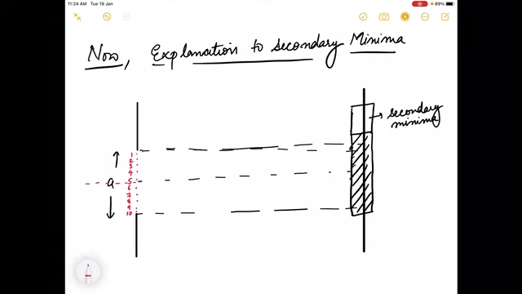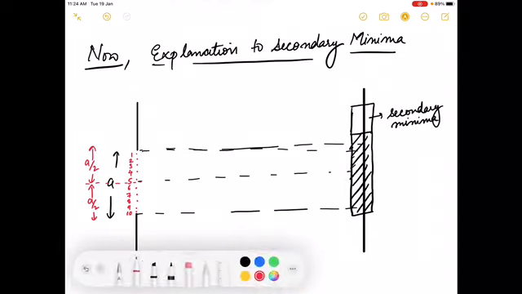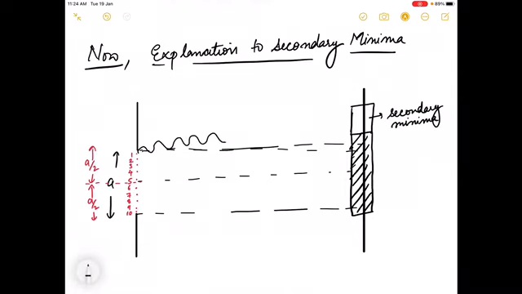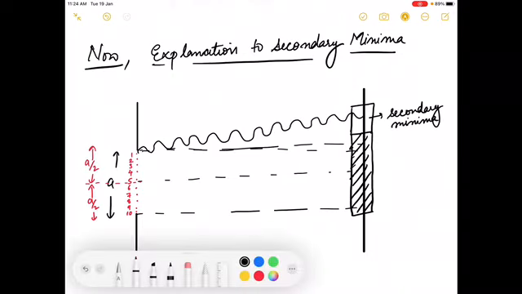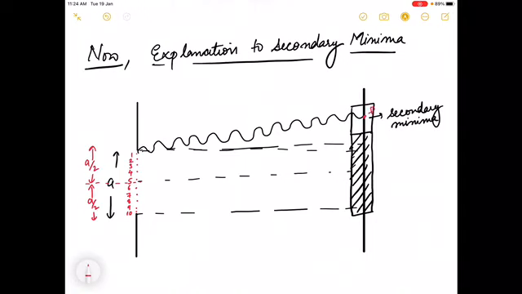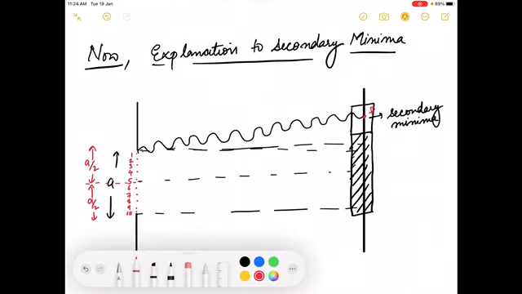I will divide this thickness A by A by 2, into halves, right? And obviously we can very clearly see the first wave is going to reach there, something like this. Let me call it some point P, right? Okay, great. Then what is going to happen?